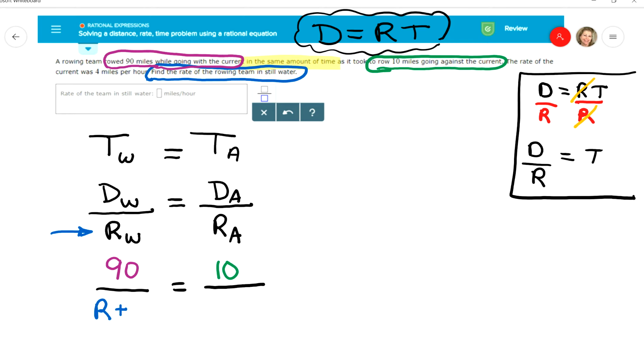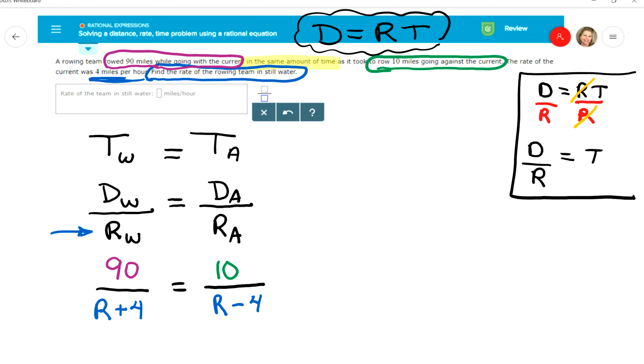And it's going to speed me up by 4 miles per hour. And then whatever your rate is in still water, if you're now going against the current, that current is going to slow you down. And since the current is going 4 miles per hour, it's going to slow me down by that much.